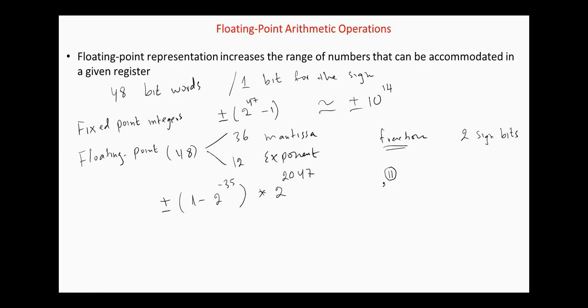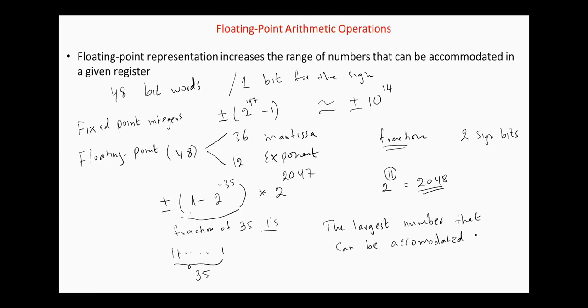Since the exponent is 11 bits, 2 to the power 11 is 2048. This is a fraction of 35 ones. And here the largest number that can be accommodated is approximately 10 to the power 615.